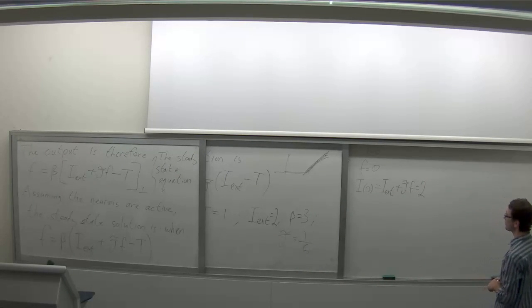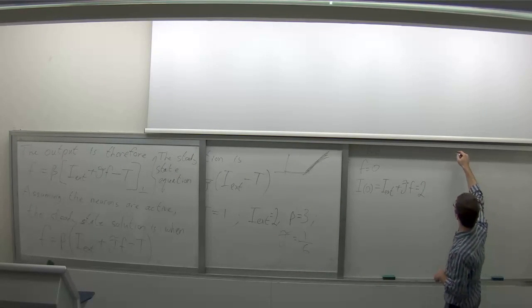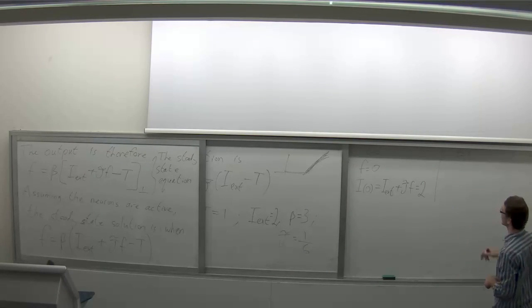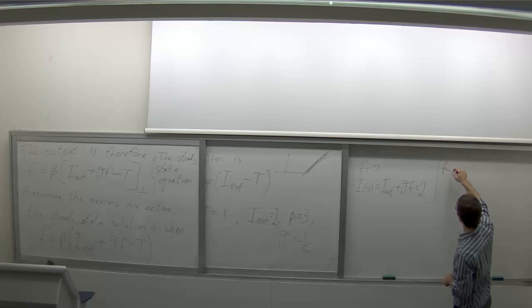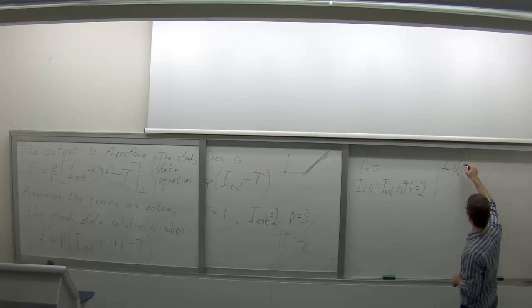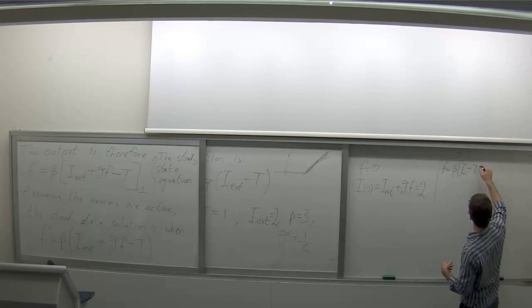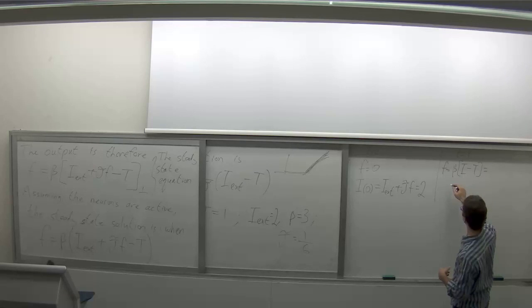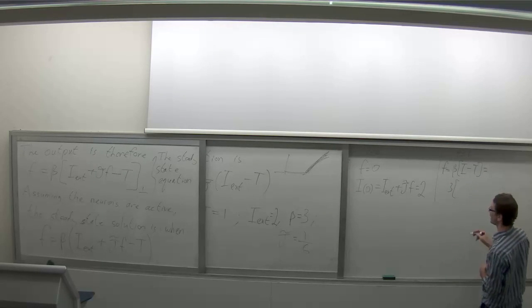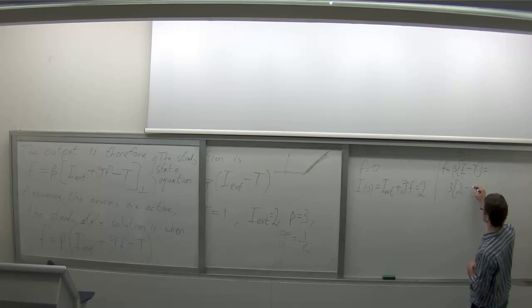And now at T1, how do I calculate what happens? F, I remind you, is beta times I minus T, which is 1. So it's beta 3, and I is 2, minus 1. So the activity is 3.